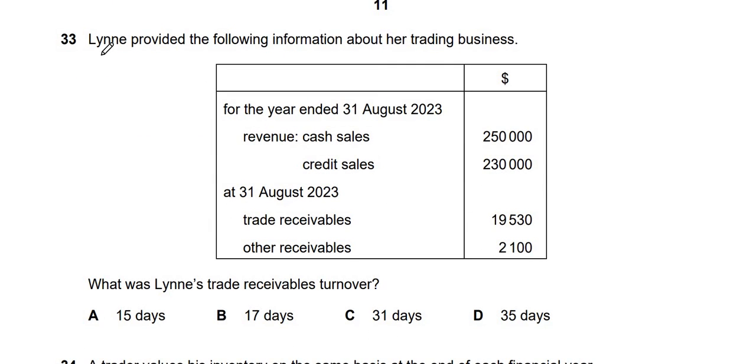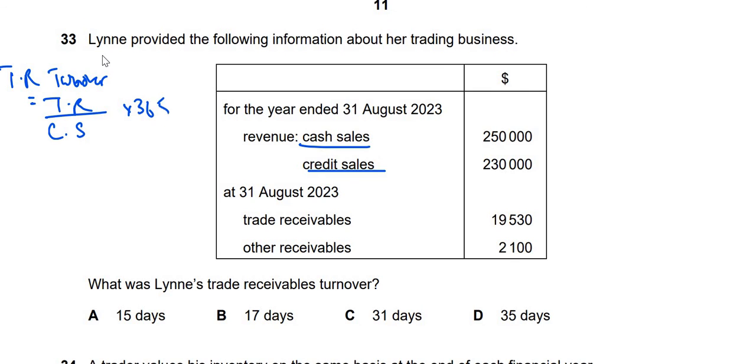Question 33. Leanne provided the following information: revenue, cash sales, credit sales, trade receivables, other receivables. What was Leanne's trade receivables turnover? So look, trade receivable turnover is equal to trade receivables upon credit sales multiplied by 365.